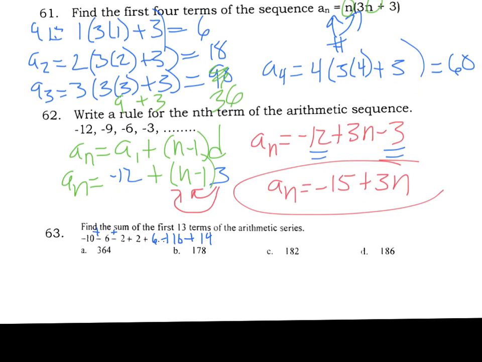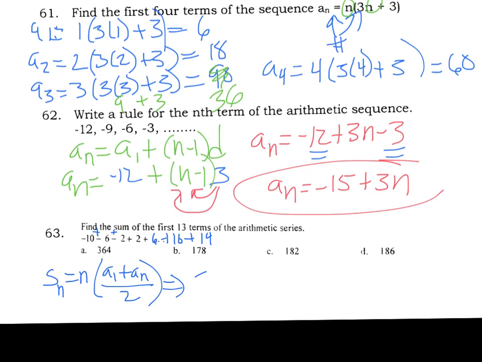And to be perfectly honest with you, if I'm only asking for 13 terms, you might just want to do this by hand. You are probably more likely to be accurate. But we do have a formula. The sum of the first n terms of an arithmetic sequence is n times a1 plus an, over 2. Now let's fill this in for ours.